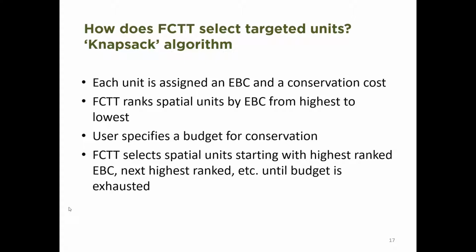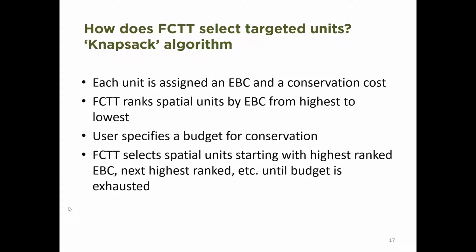Having calculated EBC for each of the spatial units in a user-defined study area, how does the forest conservation targeting tool identify those units where forest conservation should be located? Well, it does that in a very simple way using an algorithm called a knapsack algorithm.